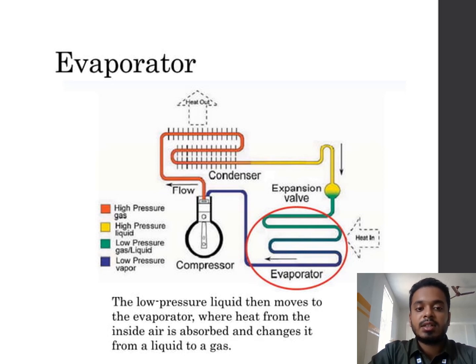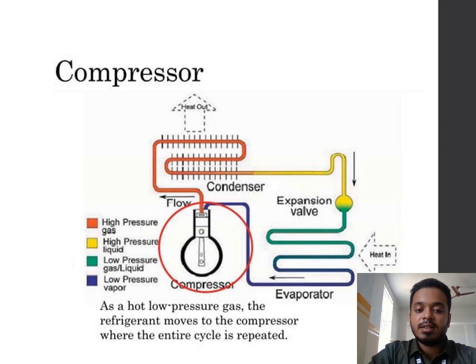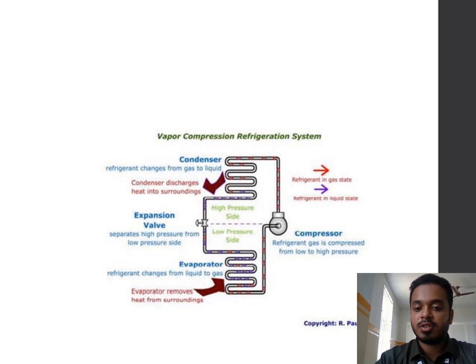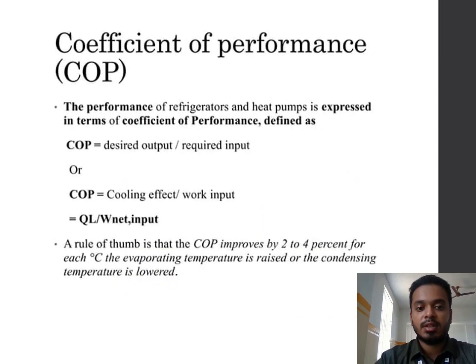After that, the low pressure liquid moves to the evaporator, where heat from the inside air is absorbed and changes it from a liquid to a gas. Then again the cycle repeats, and the phase change of the refrigerant happens from gaseous state to liquid state and from liquid state to gaseous state, which happens in a cyclic way.